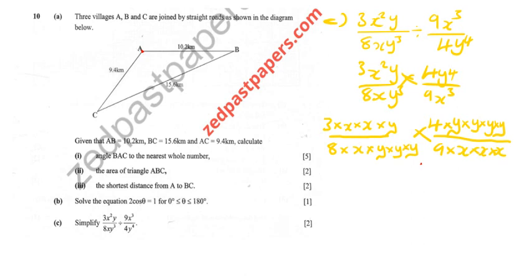Now you start cancelling what is common. Remember, everything which is down cancels with everything which is on top. So I can say y and the y there goes, y and the y there as well goes, and this y and the y there goes. I have x down here, so this x goes with that x there, and then I've just remained with one x. So this x goes with that x there on top, and then I'm able to see whatever I'm remaining with.